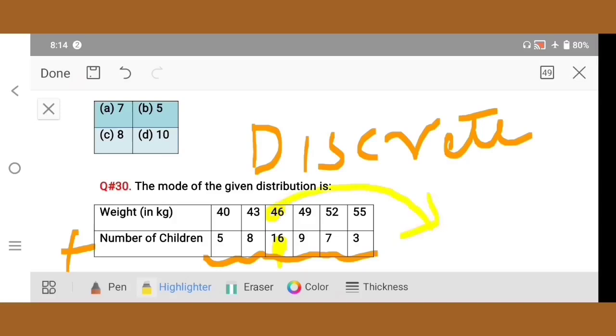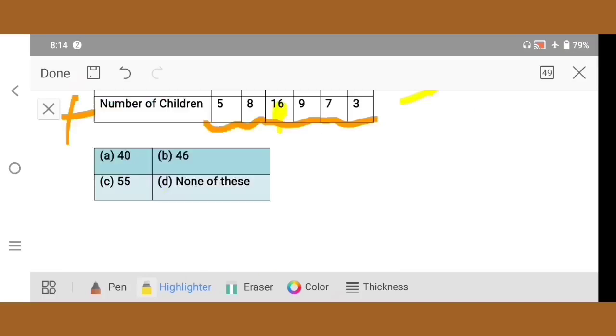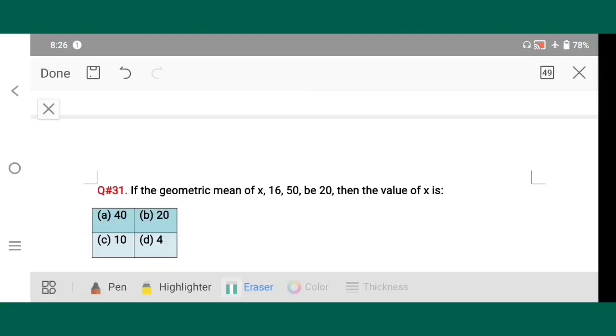This is the mode, because 46 is repeated 16 times in this data. So mode is 46.